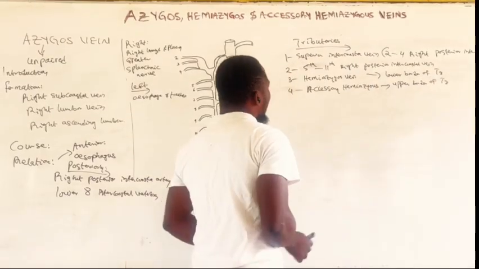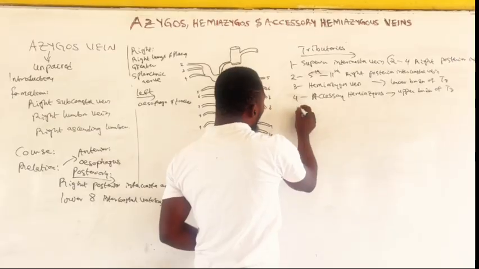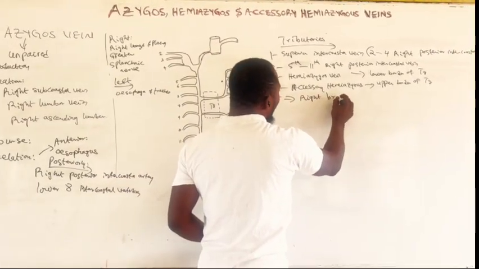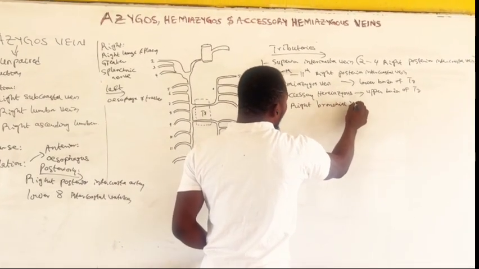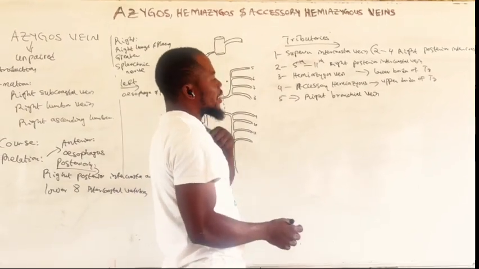Another tributary of the Azygos vein is right bronchial vein, which usually originates at the termination of the Azygos vein.